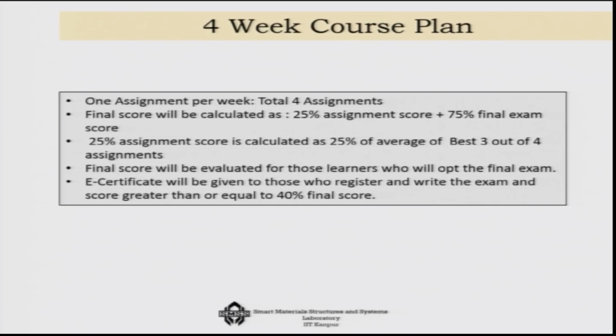The 25% assignment score will be calculated based on the best 3 out of 4 assignments, and the final score will be evaluated for those who opt for the final exam. We will issue the e-certificate for those who register and write the exam and whose score is greater than or equal to 40% of the final score.